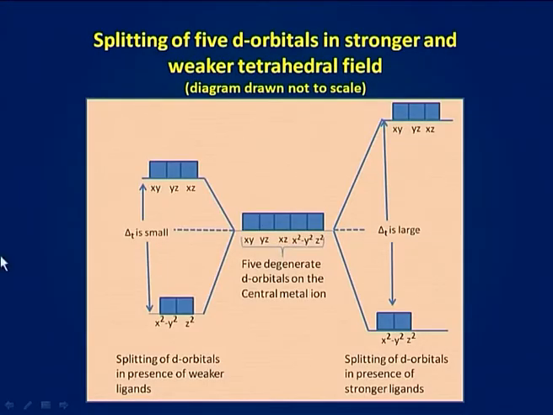Here you can see the splitting of 5 d orbitals in stronger and weaker tetrahedral field. You can see that the value of delta T is larger in case of stronger field ligands and the value of delta T is small in case of weak field ligands.